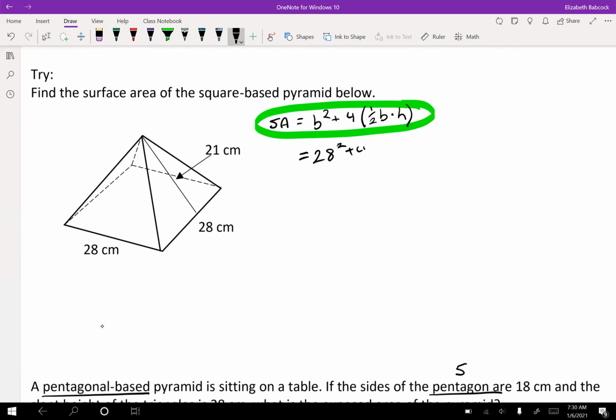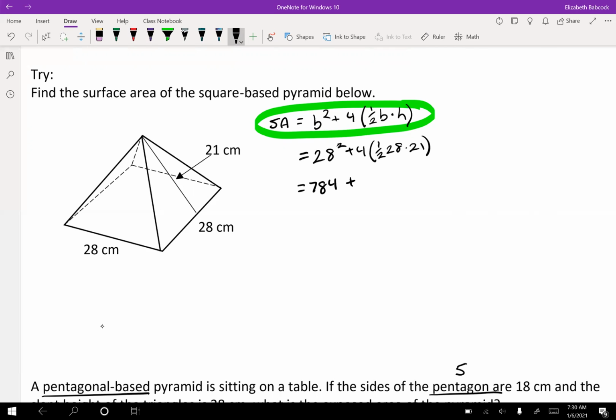So I'm just going to fill in my formula. So when we solve all of this out, 28 squared is 784.